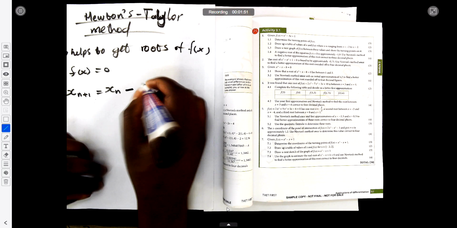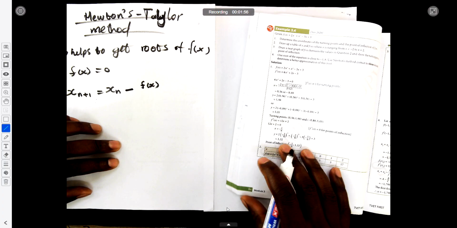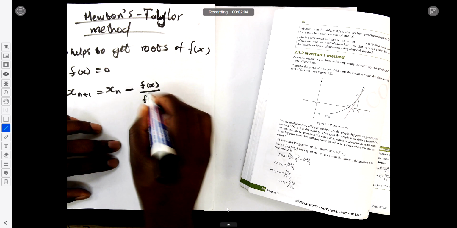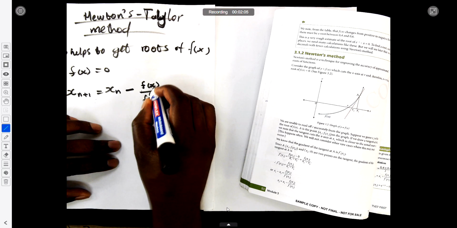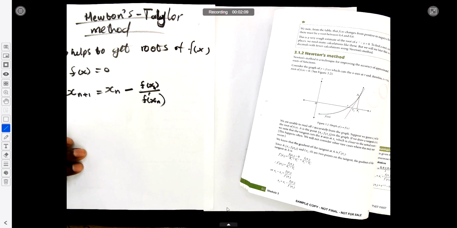Then the formula will be minus f of x all divided by f prime of x. We'll be substituting xn there, the initial value.